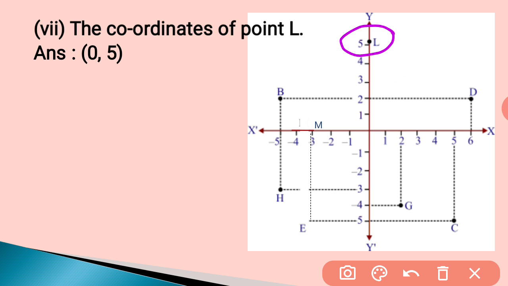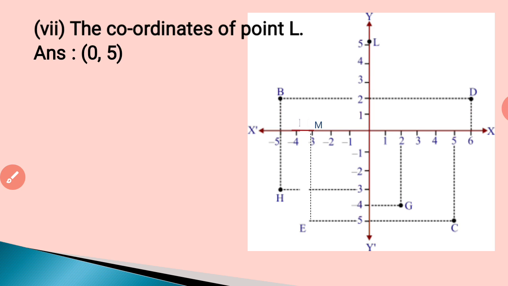If I make a perpendicular from L to x-axis, it will reach at 0. That is the origin. So the x-coordinate is 0. And the point itself is on the y-axis, so the same point is to be noted down, that is 5. So the coordinates of L are (0, 5).